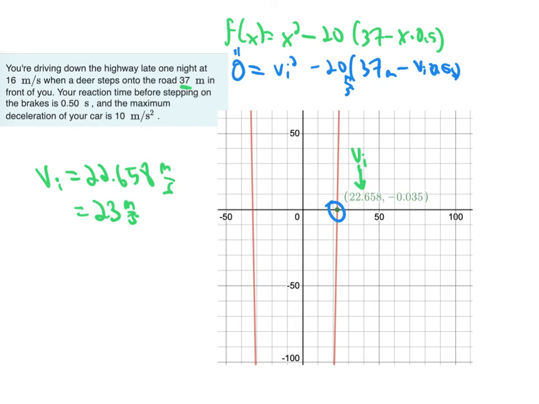I'm going to say that actually in this case, Mastering Physics is a little wrong on that, because if we're going more than this value, we will hit the deer. So really, if I'm going to round to 2 sig figs and be safe, you probably should say 22, even though we're closer to 23.